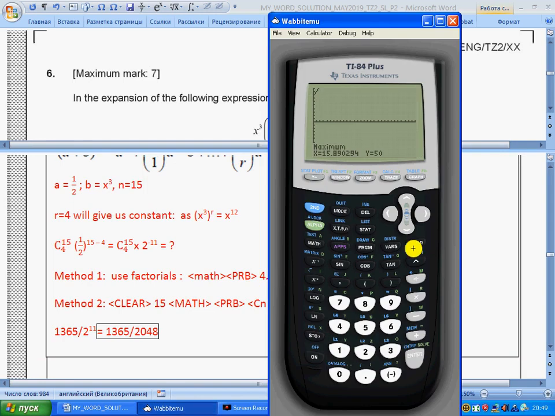So go to clear, clear, 2 times clear, write first n 15, then go to math, go to probability, find this combination 3, and now we need r. R is 4. So we have 1365, and we should divide by 2 to the 11. So let us see how much is 2 to the 11.